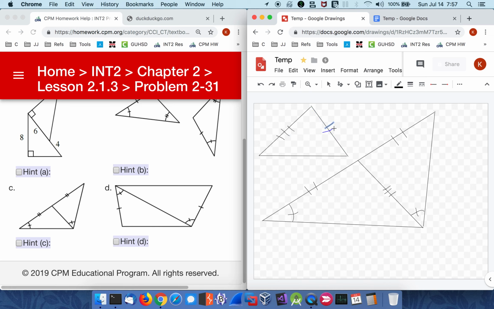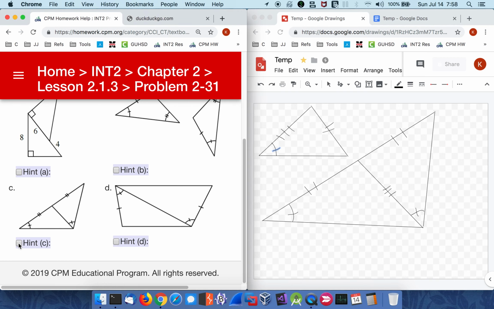I get 2 on this side, and then I get this angle. So they're not exactly the same. This side right here should be 2, and this should be 3 for them to be really equal. And I don't know that we have enough information for this one.